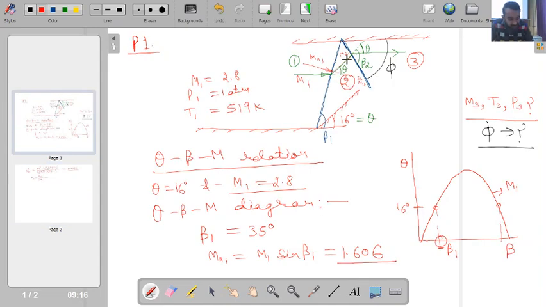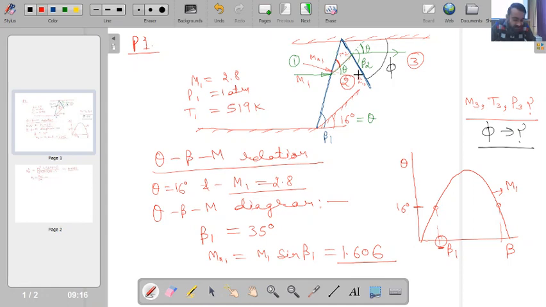So this is your M2, and this is your shock wave. Between the shock wave and M2, the angle has become beta 1 minus theta. This angle is theta, and this complete angle with the horizontal is beta. So in between this streamline and this particular shock wave, the angle is beta minus theta.